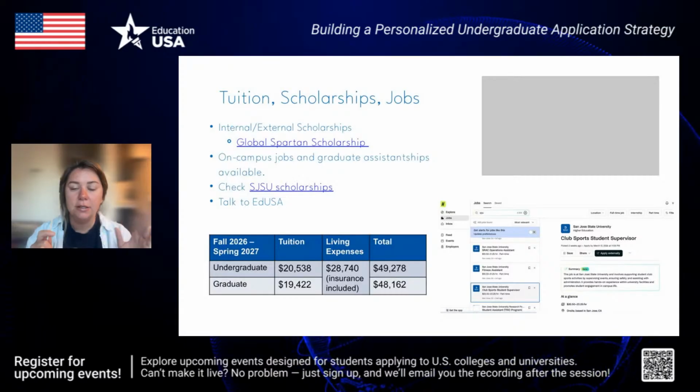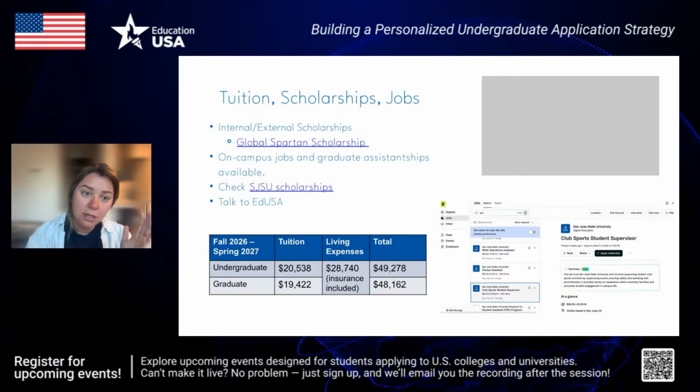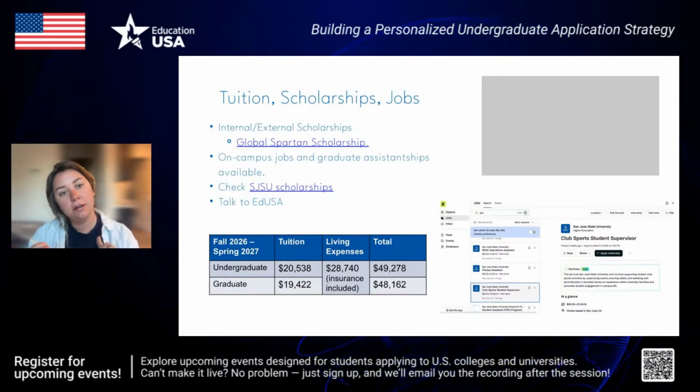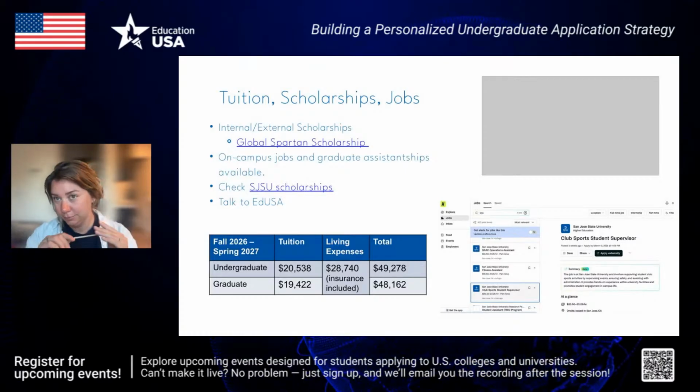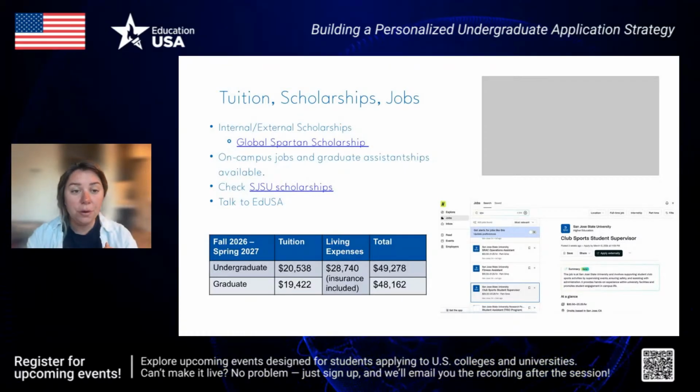There are scholarships from the university that you apply to, and there are scholarships from different entities, like private entities like McDonald's or Adobe, and then from governments as well. So you have to think about the whole picture of where you can apply for scholarships, and you also have to make sure you have a look at the deadlines.